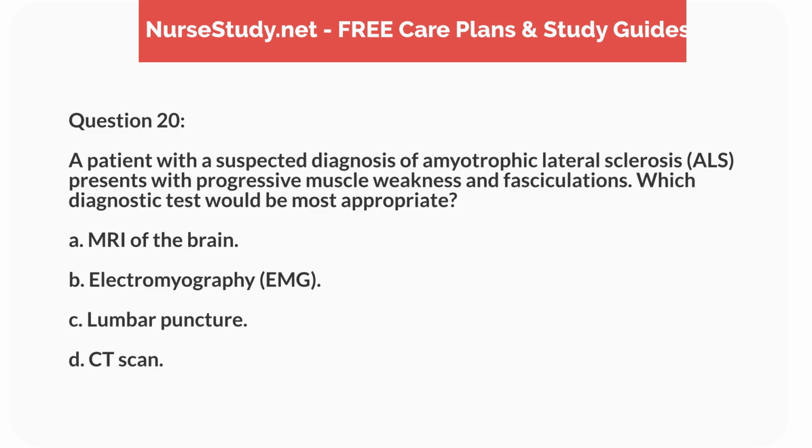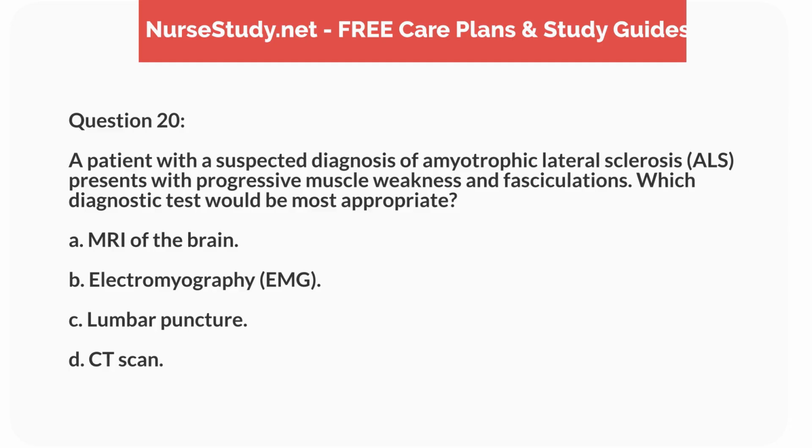Question 20. A patient with a suspected diagnosis of amyotrophic lateral sclerosis, ALS, presents with progressive muscle weakness and fasciculations. Which diagnostic test would be most appropriate? A. MRI of the brain. B. Electromyography, EMG.